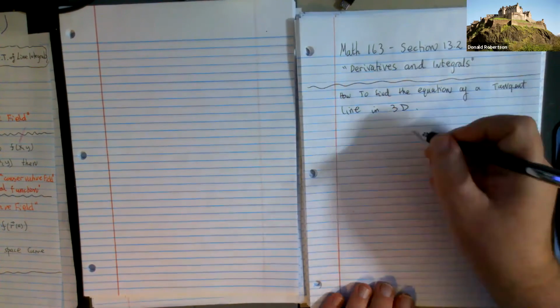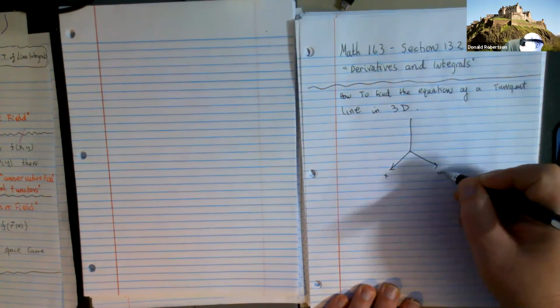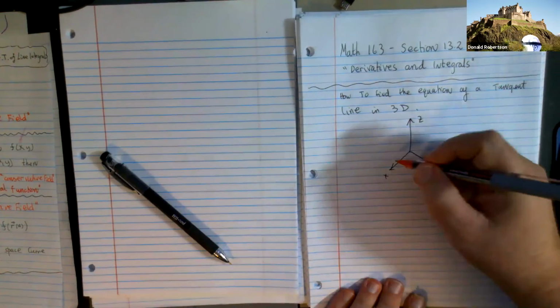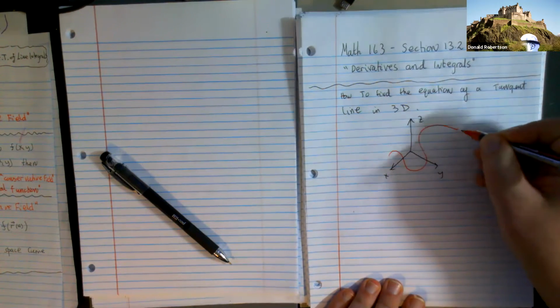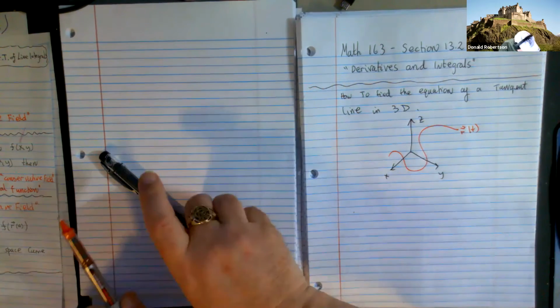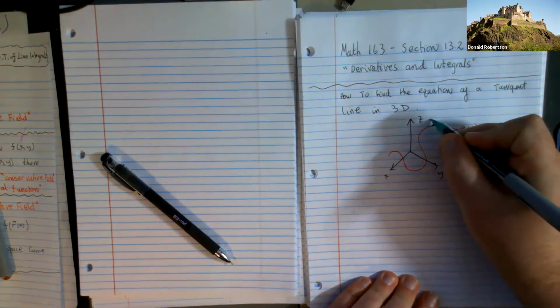So imagine that you've got your classic 3D space, and this red curve is your space curve. And we've got one particular point, say it's this point here, call it P.